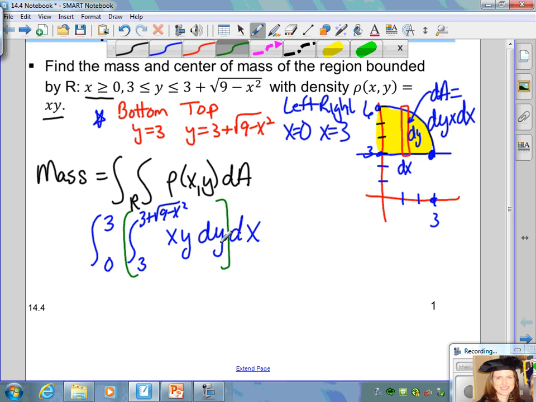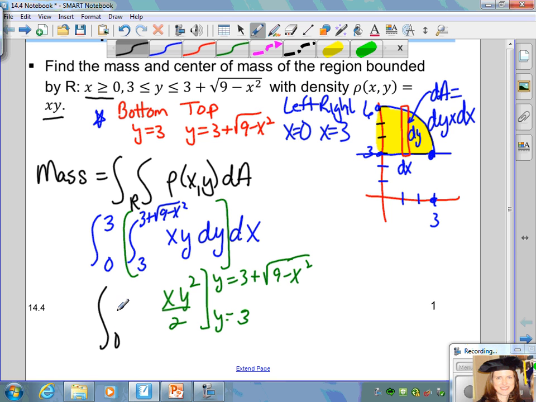The differential is dy, so we integrate with respect to y. We treat y as a variable and x as a constant. That antiderivative is xy squared over 2, and our bounds are from y equals 3 to y equals 3 plus the square root of 9 minus x squared.